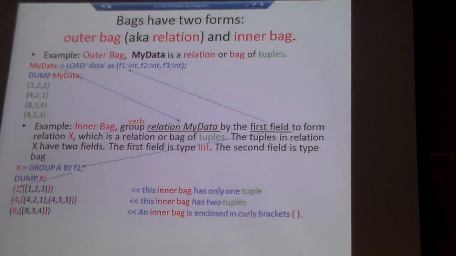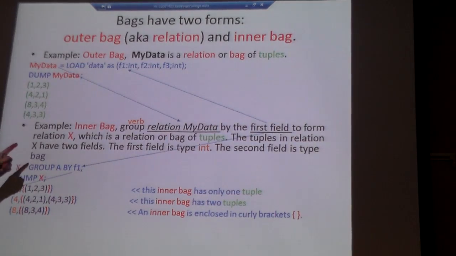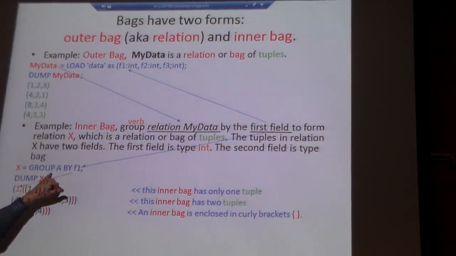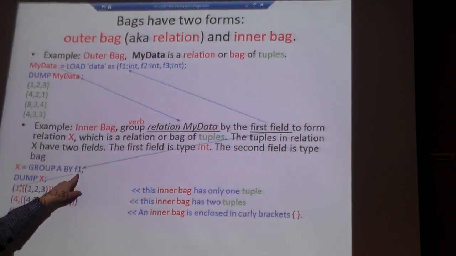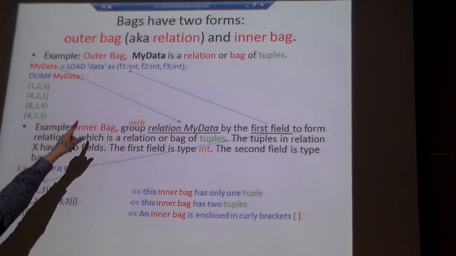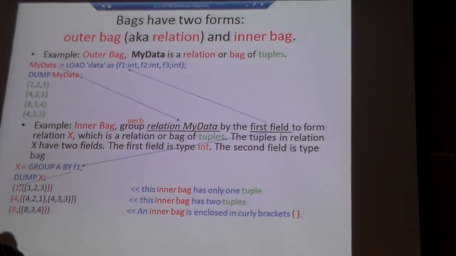I say my data equal load. And if I had the right data, and did a dump, I would get that data out. Now, if we were in interactive mode, I could then just go ahead and say X equal group A by F1, okay? Now, what is F1? We defined F1. F1 is the first field.